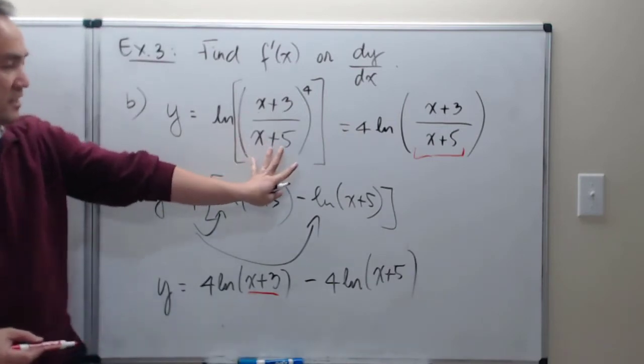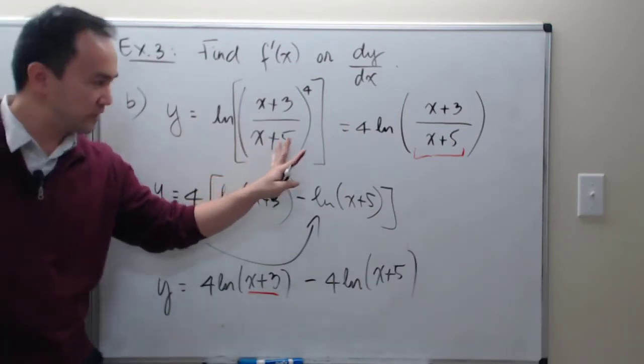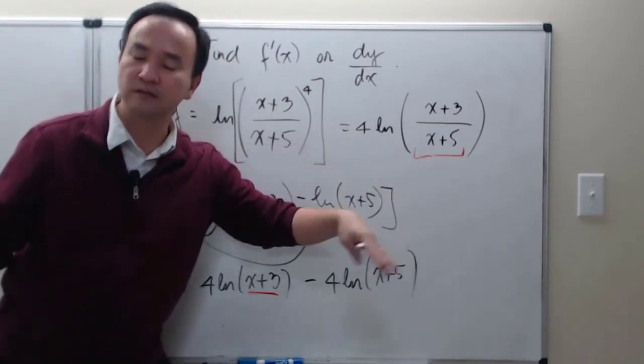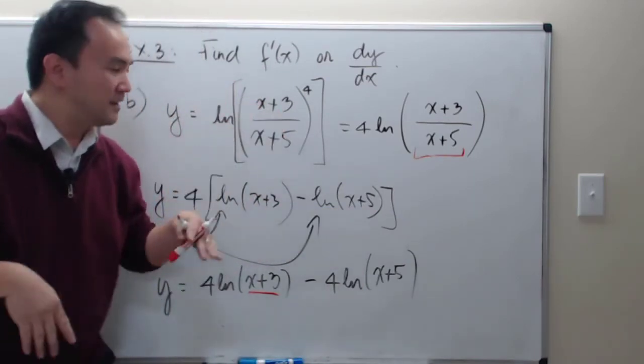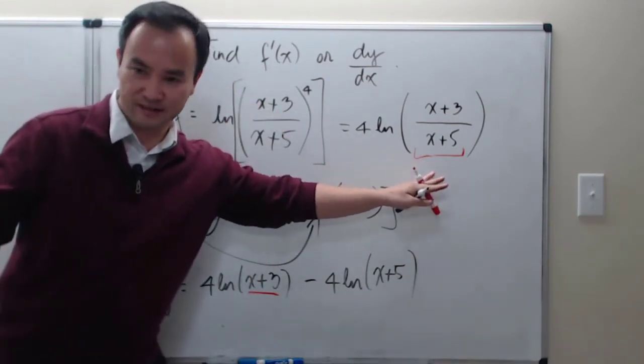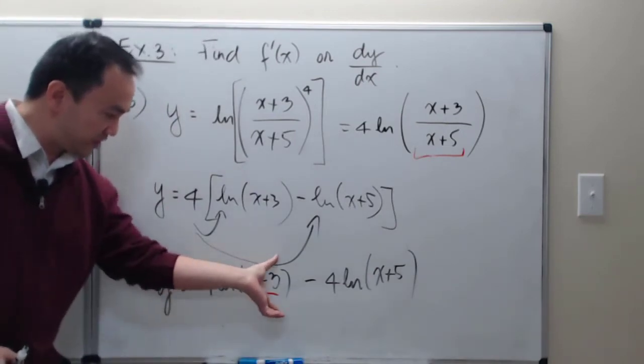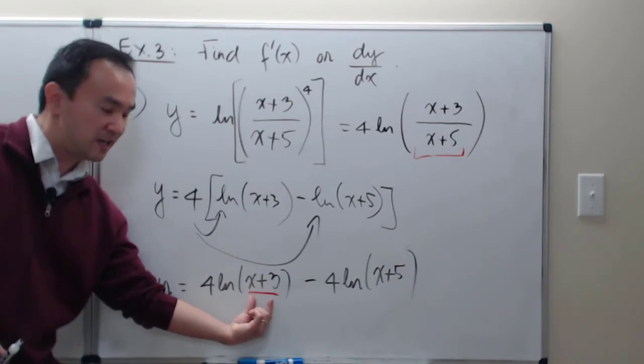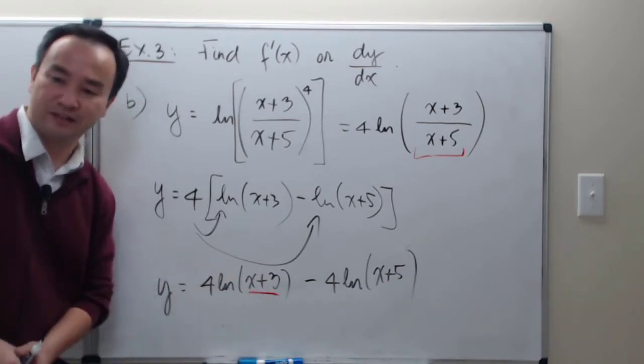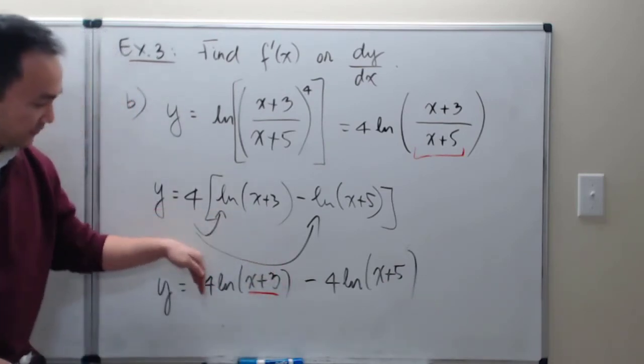If we were choosing this as your inside, good luck with that route, because we might make a mistake all over. But using the chain rule for that term, taking that as the inside, is a lot easier. So now I'm going to find the derivative of that first term.